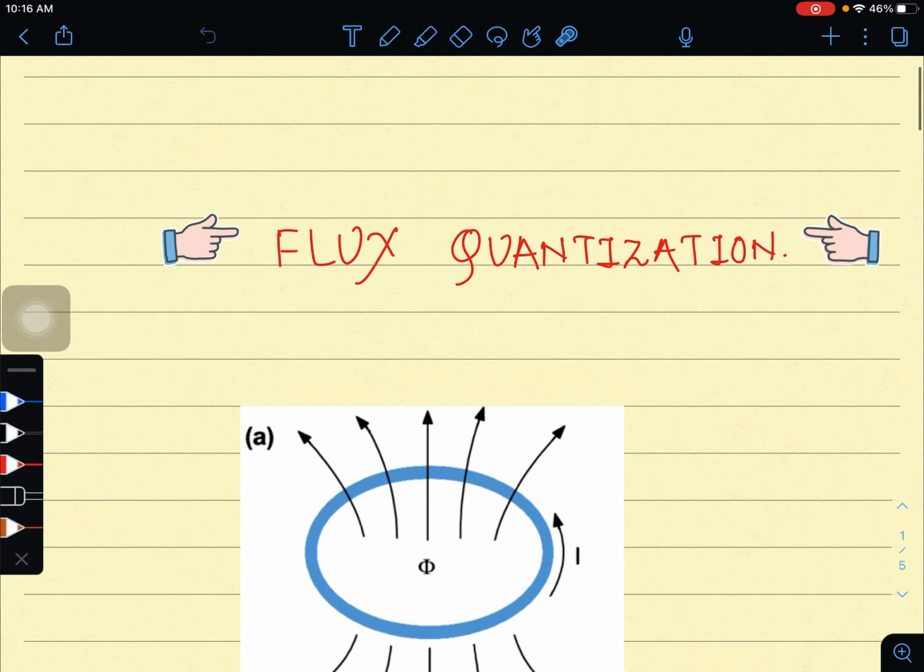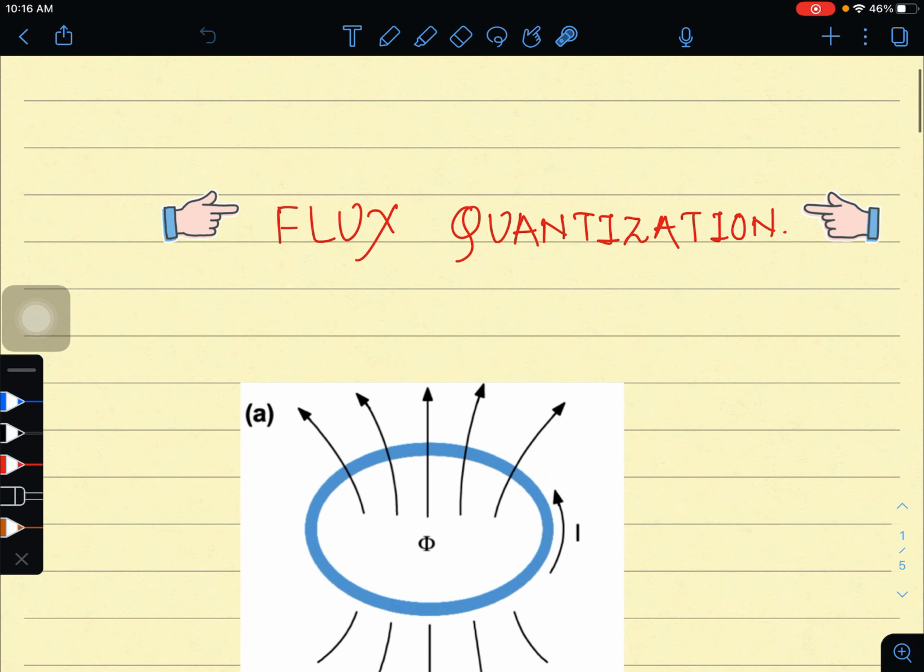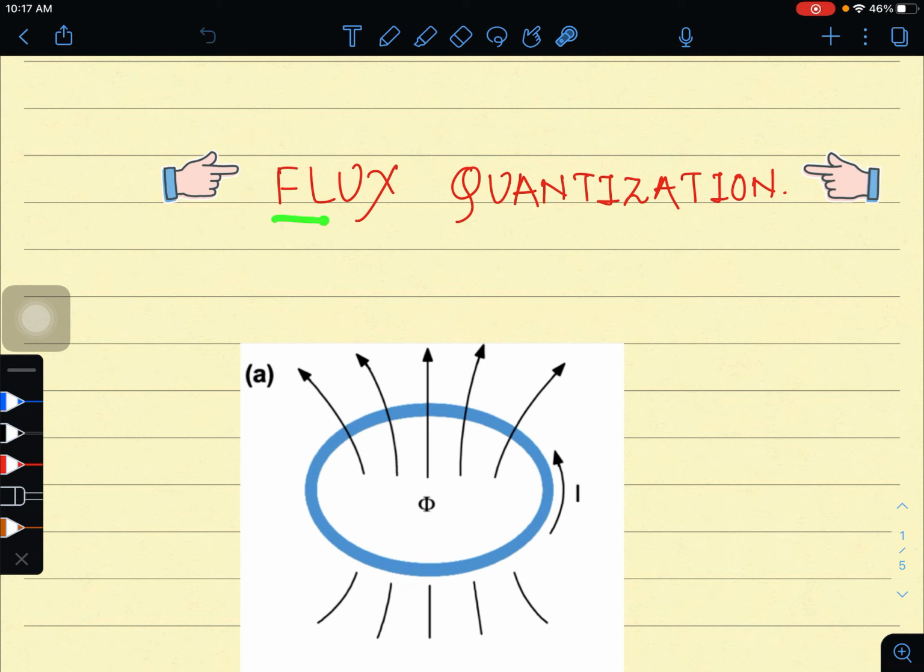After that, the BCS theory, which helps us understand the characteristics of superconductivity in a different manner, and later the Cooper pair. Now we are on flux quantization, the last topic related to superconductivity.